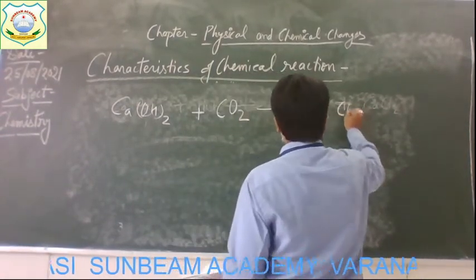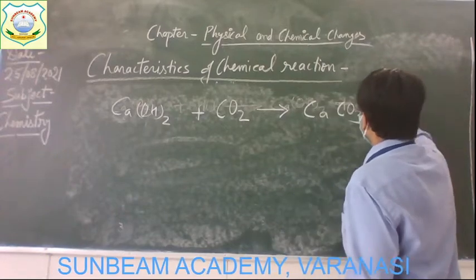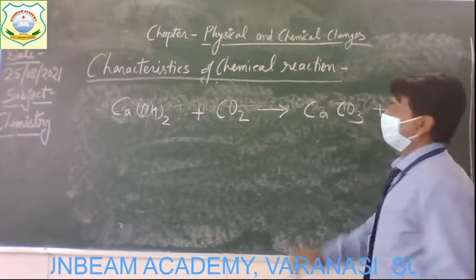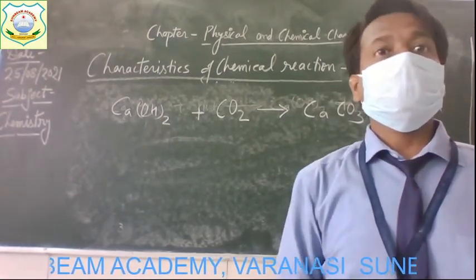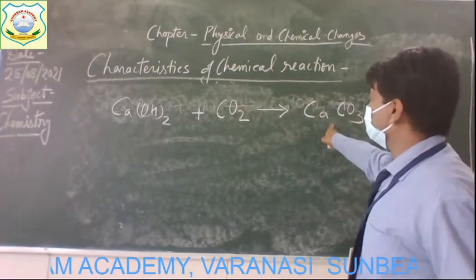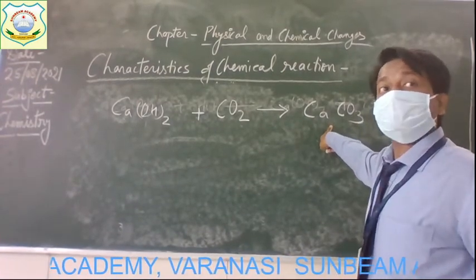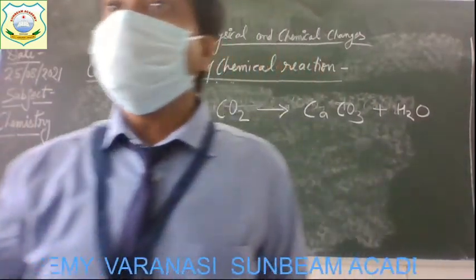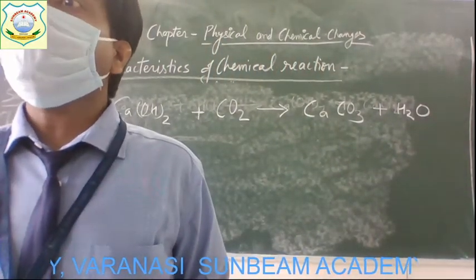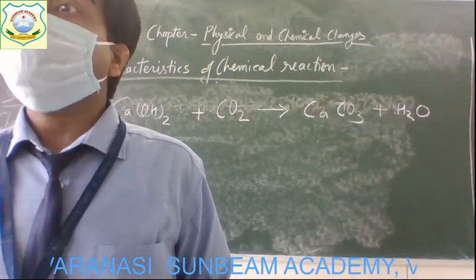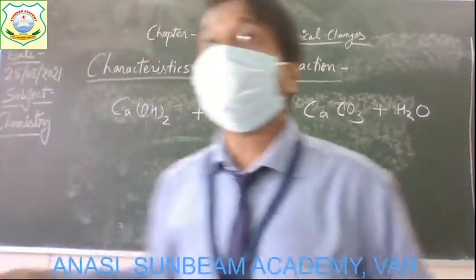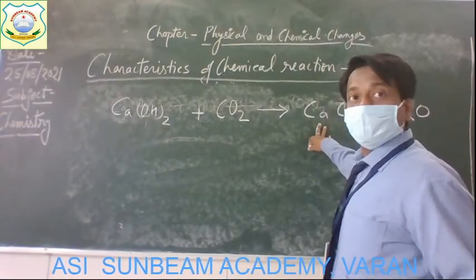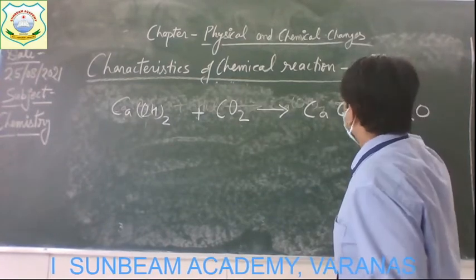It forms calcium carbonate and water. What new substance is going to form? Calcium carbonate. That is why the clear solution, lime water, changed to milky. So actually that milky solution is calcium carbonate, and water will form.